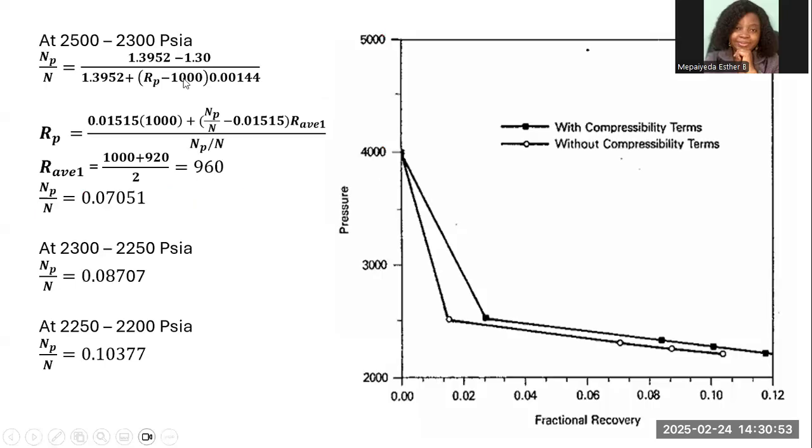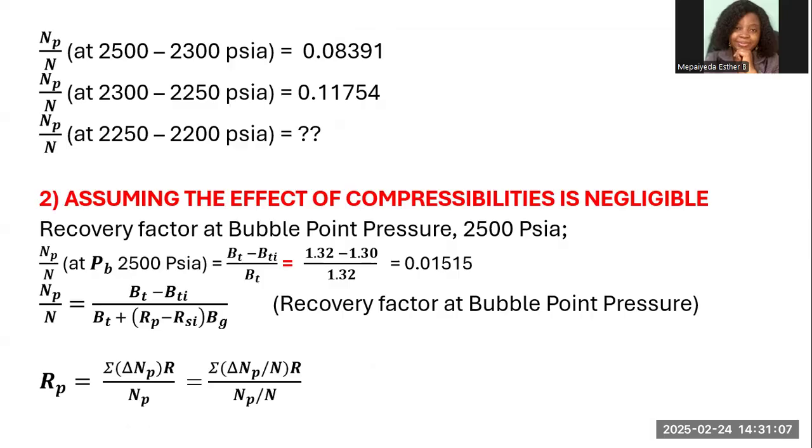Okay, so between 2,500 and 2,300 psi, this is the pressure below the bubble point pressure now. You have your Np over N to be this. You must have calculated your R average.